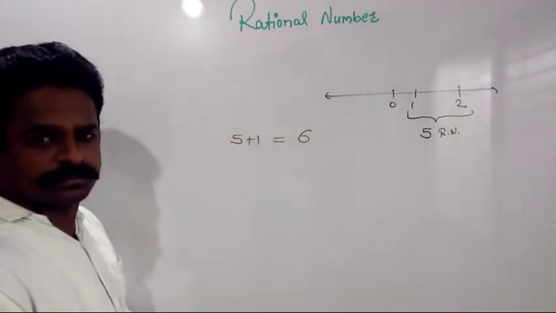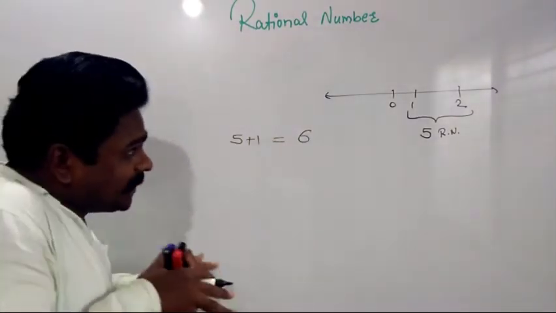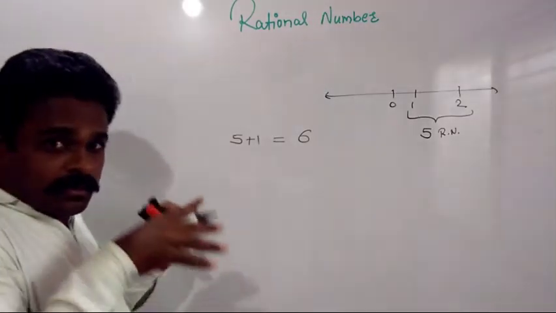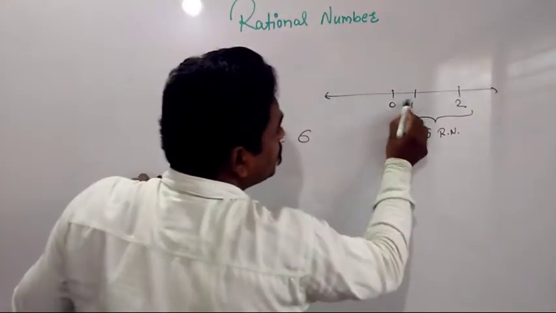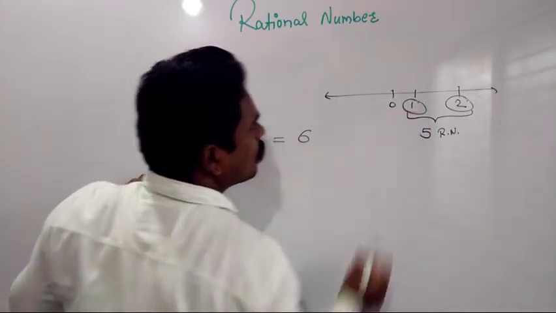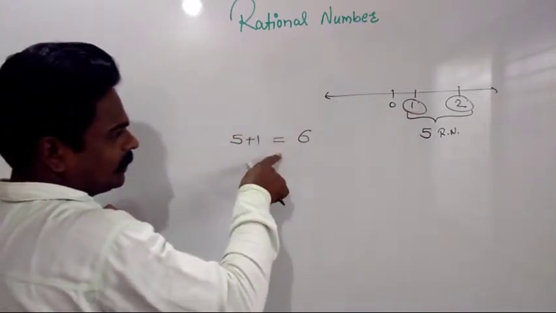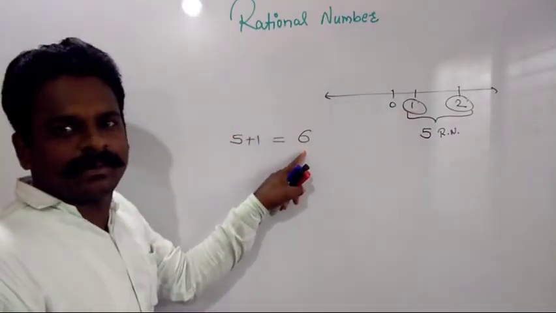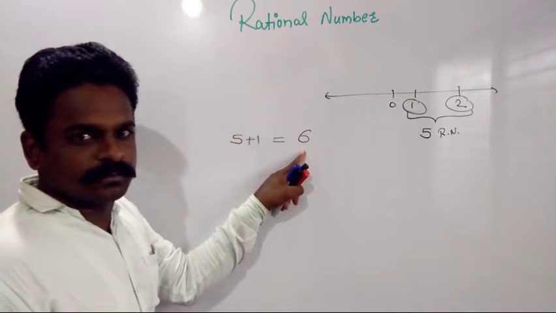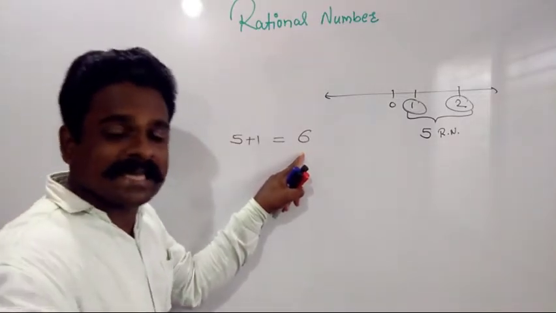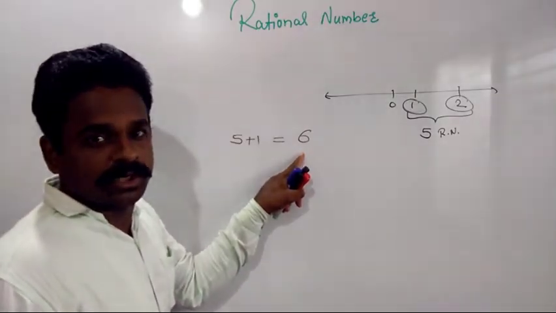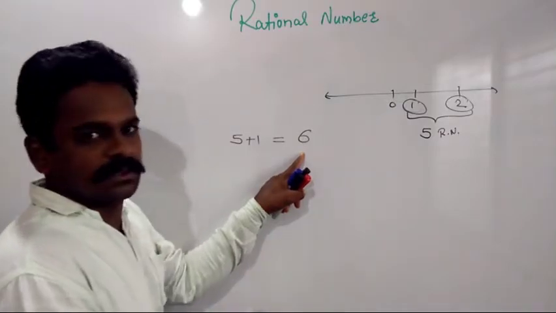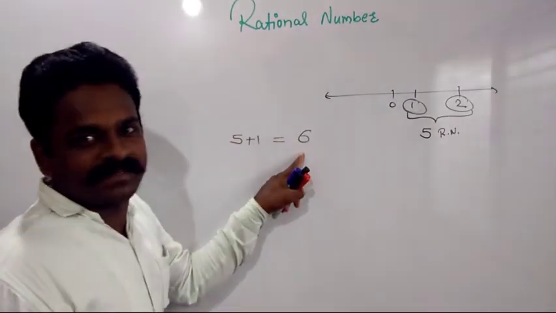Okay, so we need to mention this 1 and 2 in terms of 6 as the denominator. So the number whose denominator will be 6 and mention the 1 in that form.